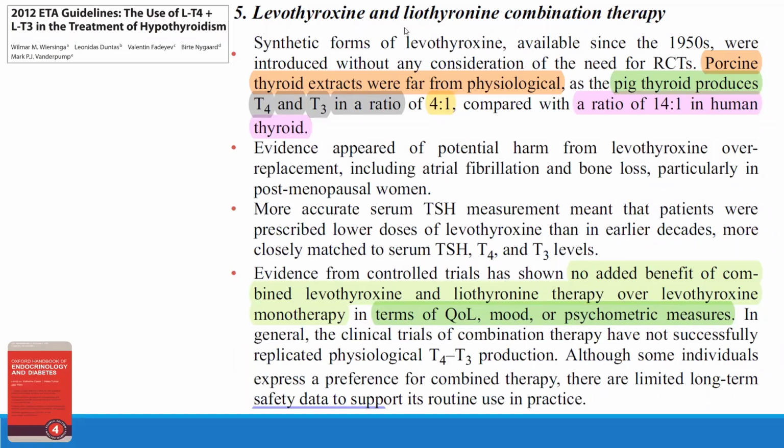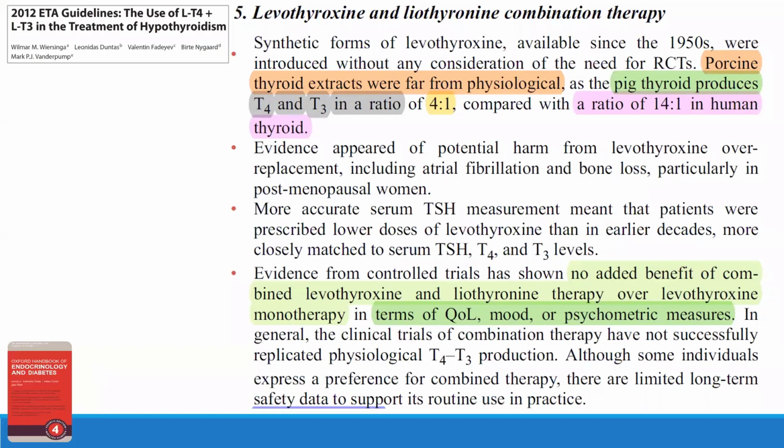So don't forget that the T4 to T3 ratio in a human is 14 to 1, 15 to 1, 20 to 1. This ratio is very important because in each exam they give a question about this ratio. Don't forget this.